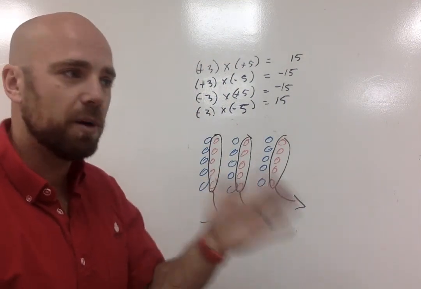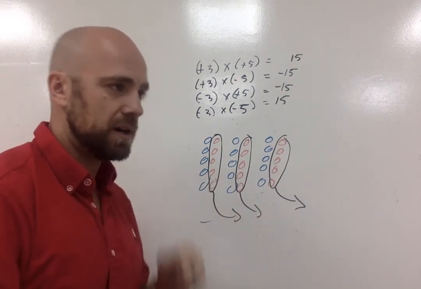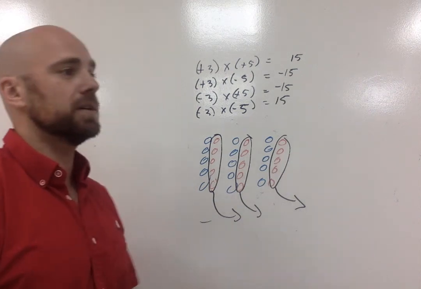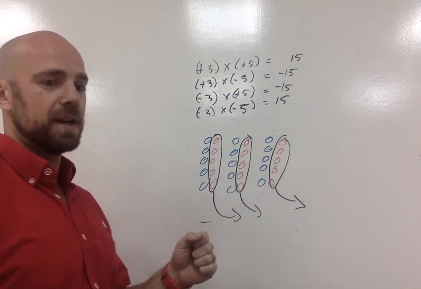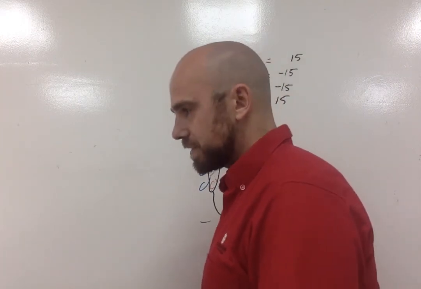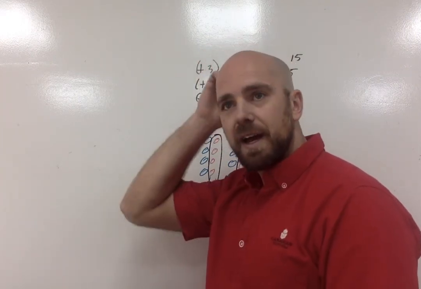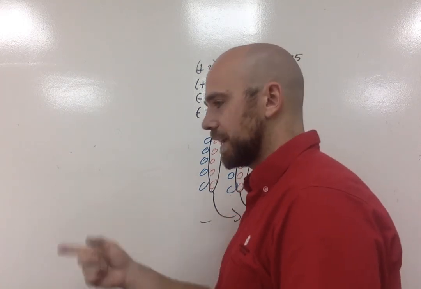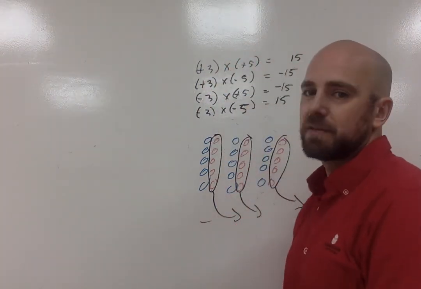Okay, so if I'm facing positive, I'm moving forward, it's a positive times a positive. If I'm facing positive and I'm moving backwards, it's a positive times a negative. If I'm facing the negatives and I'm moving forwards, okay, that's going to be a negative times a positive. If I'm facing backwards or towards the negative and I'm walking backwards, that's going to be a negative times a negative.